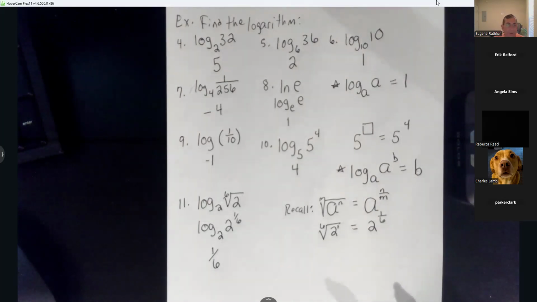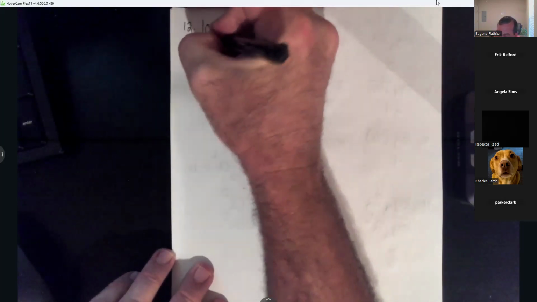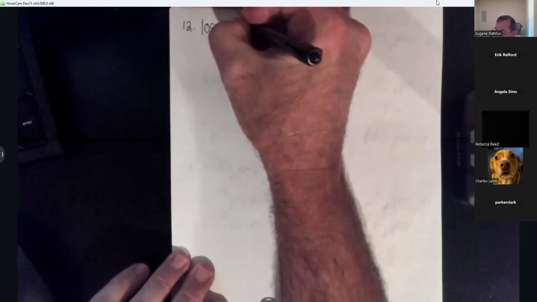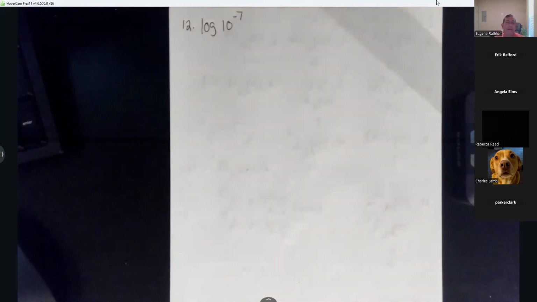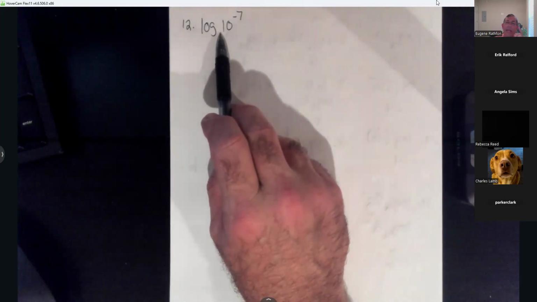I'm going to keep moving on then. Let's see, we're on number 12. Log of 10 to the negative 7th. What's that giving me? Also, you better remember there's not a base here, so you have to remember what that base is going to be.